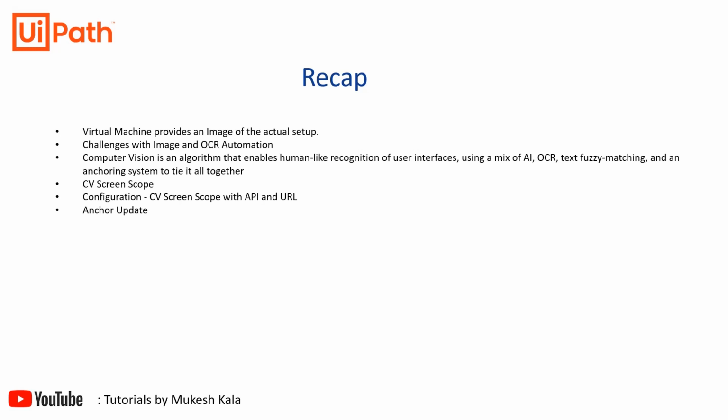By default, the UiPath OCR is available in the computer vision activities. You have something called the CV screen scope, and to work with the scope, you require an API key and the URL. We have seen how we can get the URL and the API key. At last, we have also seen that there are anchors, which are used by the CV scope, but as a user, I always have an option to update the anchor.